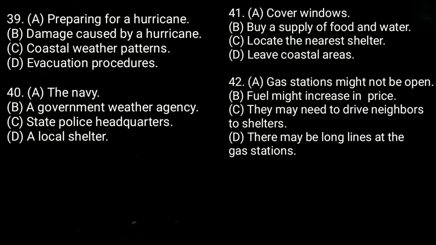Number 39. What is the talk mainly about? Number 40. What organization provided the information for the announcement?